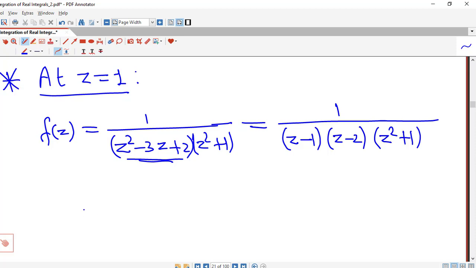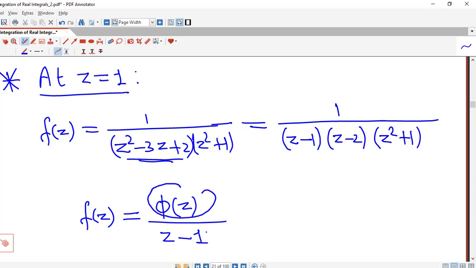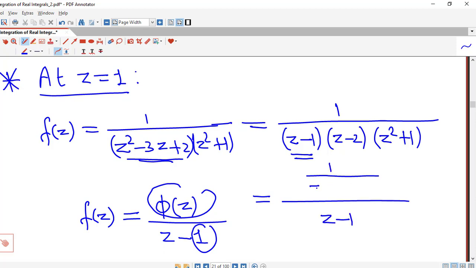Now to find the residue, we are using this result. We will try to express f of z as phi of z over z minus 1, where phi of z is analytic at z equal to 1 and the value of phi at z equal to 1 is non-zero. So for that we keep z minus 1 in the denominator and we consider the remaining part in the numerator. So z minus 2 times z square plus 1. So this is our function phi.